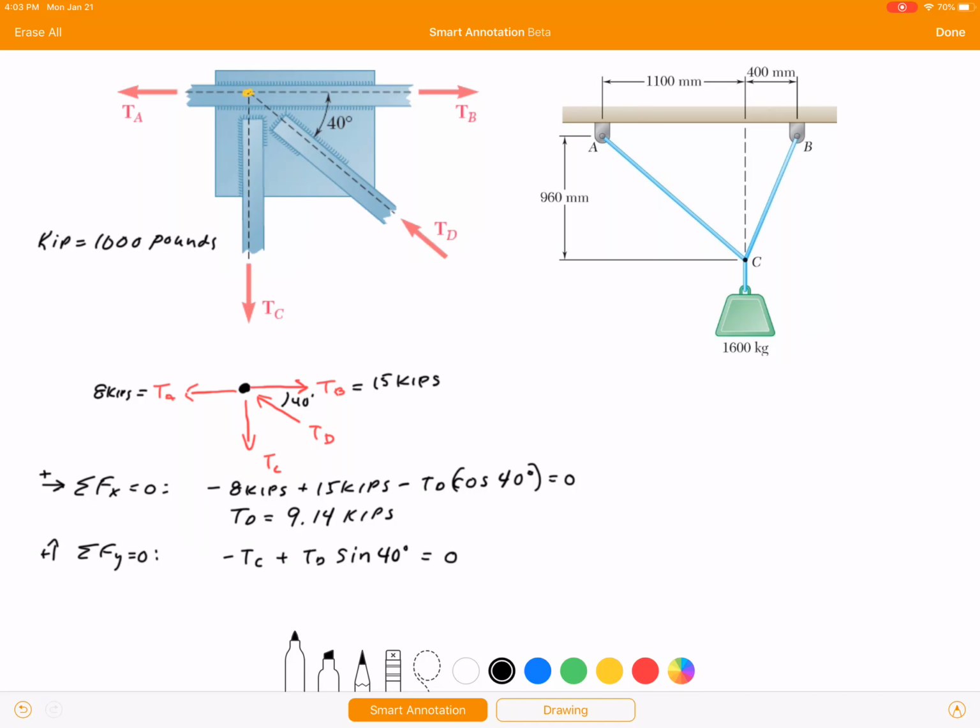We also know here that TD equals 9.14 kips. So TC would equal 9.14 kips times the sine of 40 degrees, or 5.9 kips.